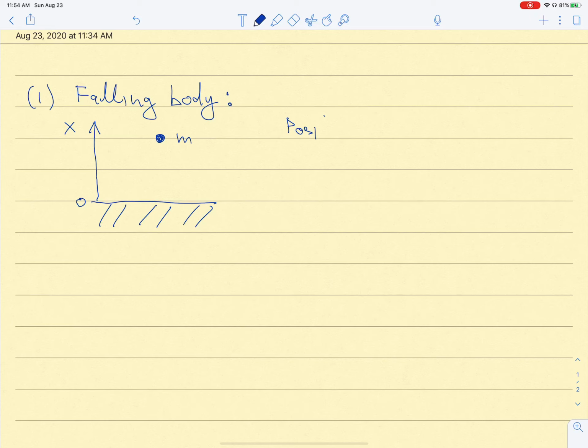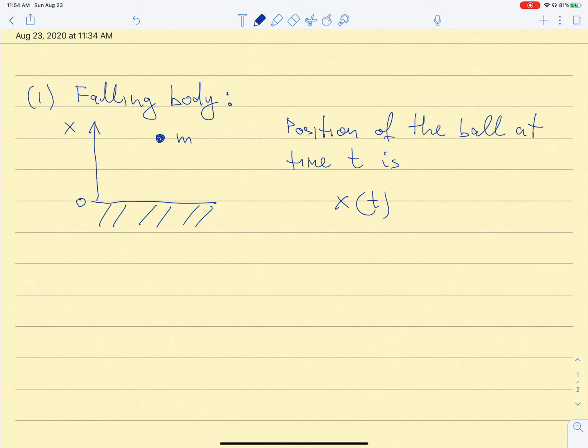position of the body at time t, or of the ball in this case, is given to us by the function x of t. And you can use whatever units you would like to use, meters, centimeters, kilometers, whatever.